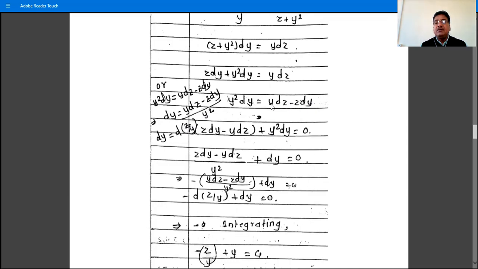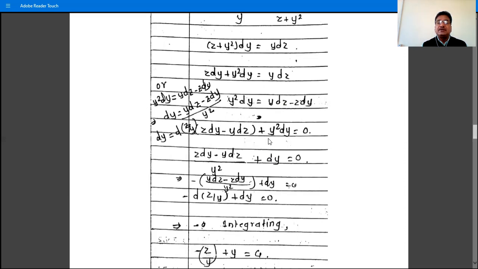But here the factor is y dz minus z dy. So if there is a minus sign, then adjust by dividing by y square or z square. In this example, dividing by y square is easy because there is y square. If we divide by z square, then we have y square by z square. Then again, the other variable y square by z square makes the integration complicated.